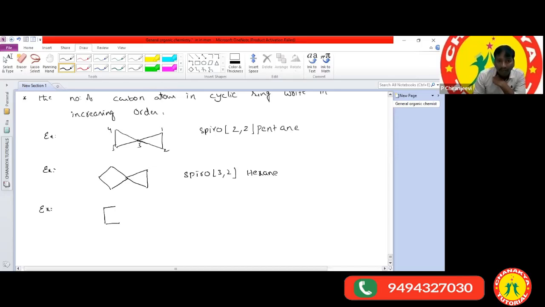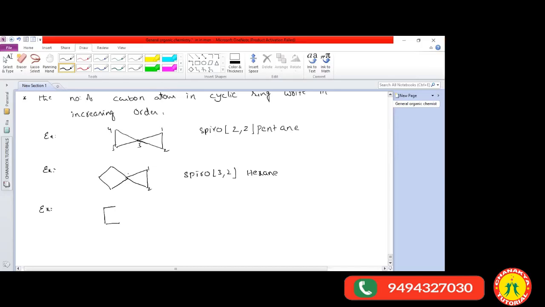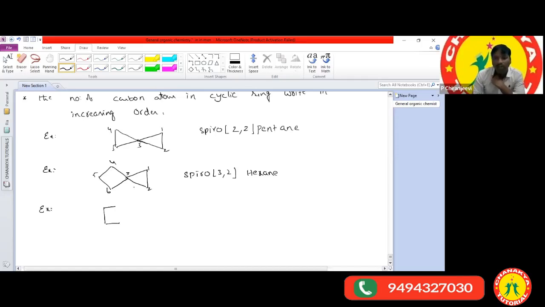You can start the numbering from here: 1, 2, 3, 4, 5, 6. So the total number of carbon atoms is 6, the compound is saturated, and it is spiro. In increasing order, it's not 3 comma 2. You wrote it in decreasing order. Decreasing order we use in bicyclic compounds, but for spiro compounds we have to write in increasing order. So we write 2 comma 3.